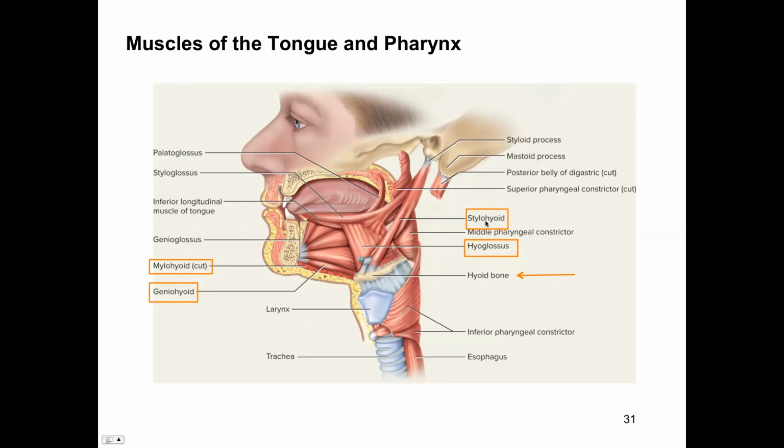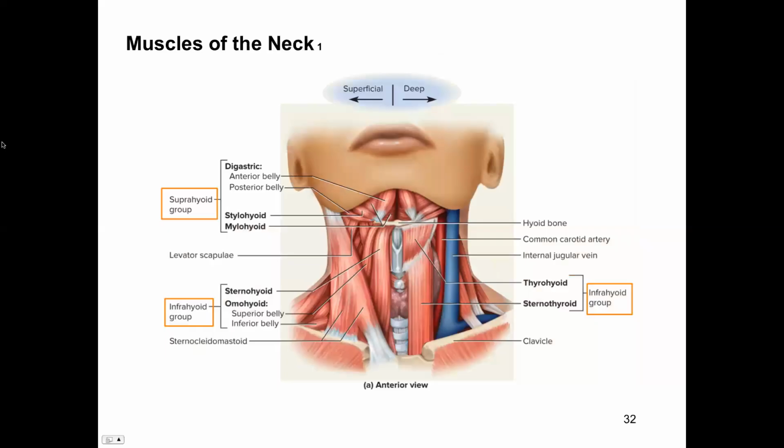You can see stylohyoid, which I used before, but here you can see some of them. And then this slide shows you exactly which ones. And there's the digastric, which is also associated with it. So there's a lot of muscles associated with the hyoid bone. I don't know if that's why they were originally put in this course, just so that you could appreciate how many muscles are attached to the hyoid bone, because it does not articulate with anything else.